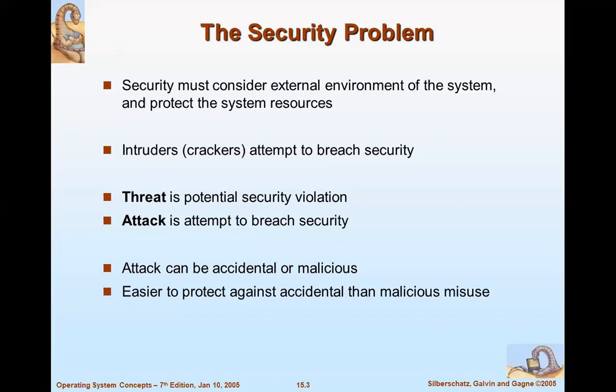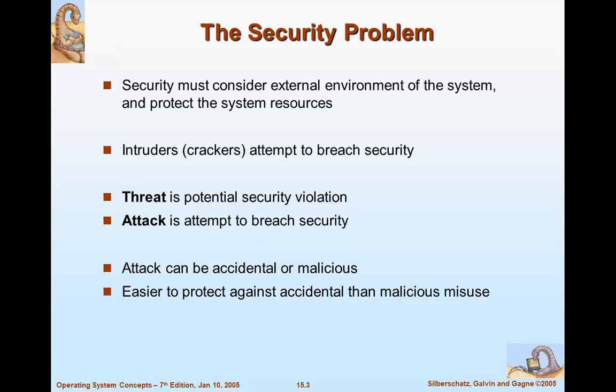Attack can be accidental or malicious. Sometimes, for example, if you are searching a system, it's not necessary that your intention is to do something wrong, but unintentionally you are moving forward due to less knowledge about that system, and that can sometimes be considered as an attack towards the system side. Though your intention is not to launch an attack, you are in a process to search different things.